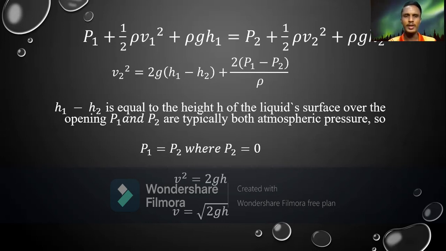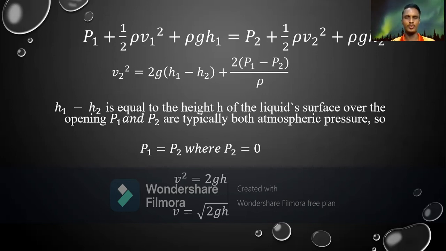We simplify the equation: v2 squared is equal to 2g times (h1 minus h2) plus 2 times (p1 minus p2) over rho.